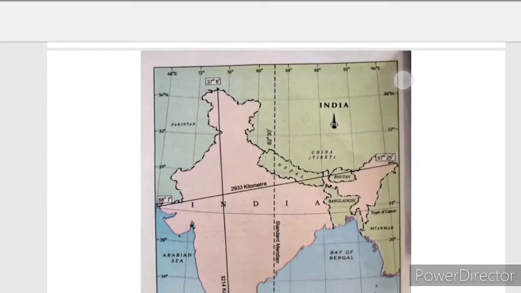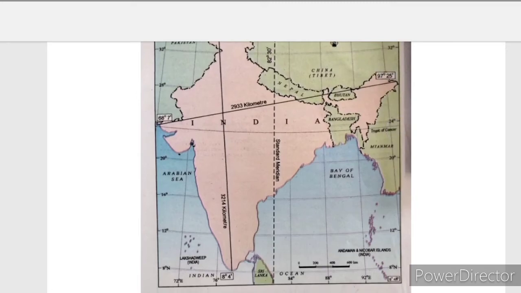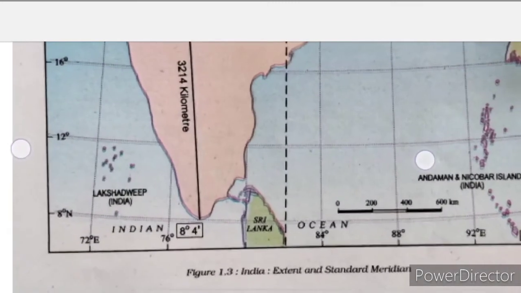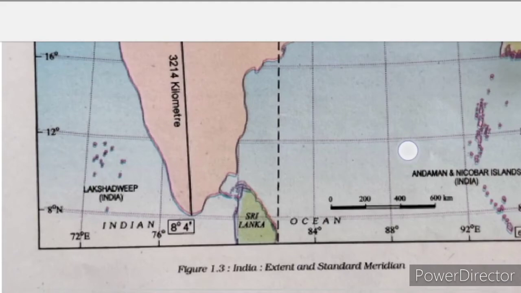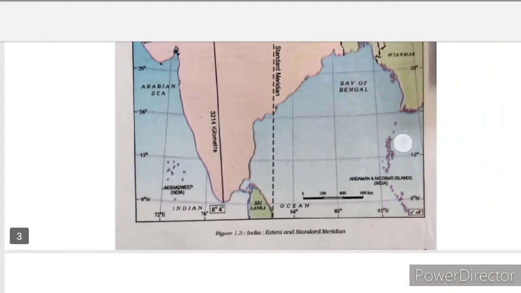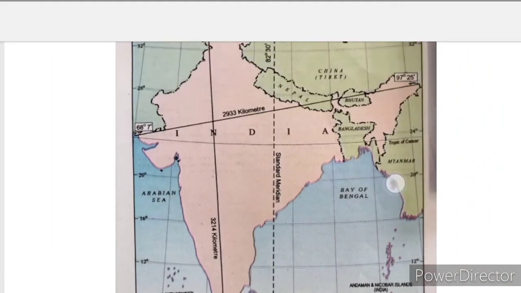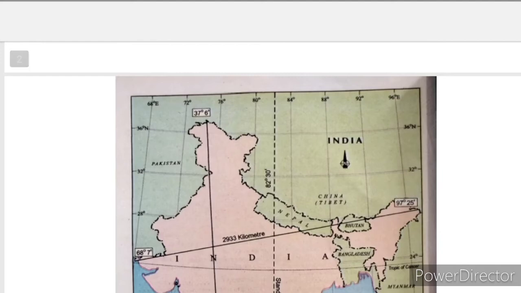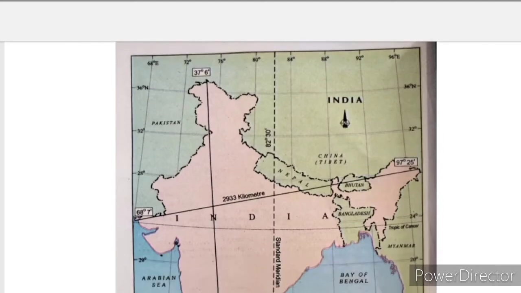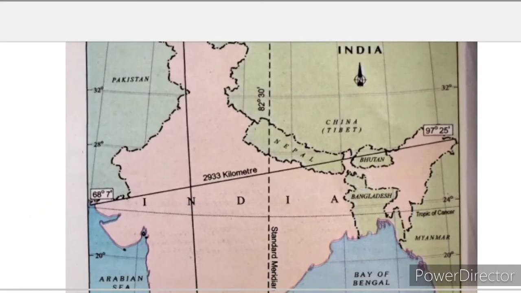Now we see the next map given in the chapter, India extent and standard meridian, figure number 1.3. The width of the country is from 68 degree 7 minute to 97 degree 25 minute east.